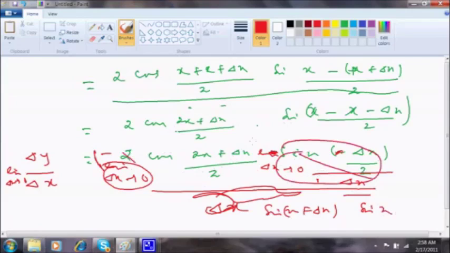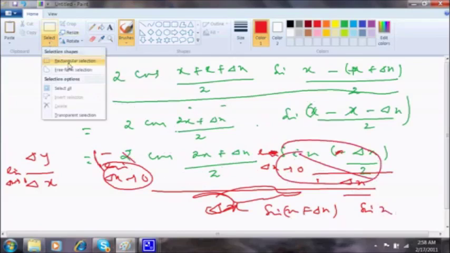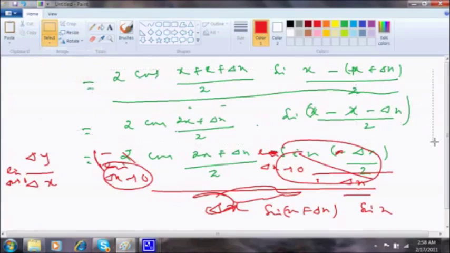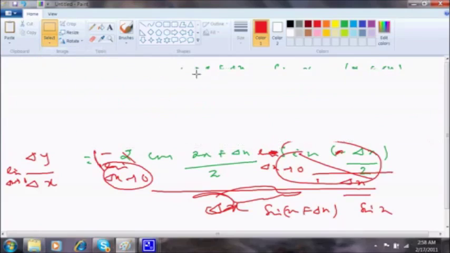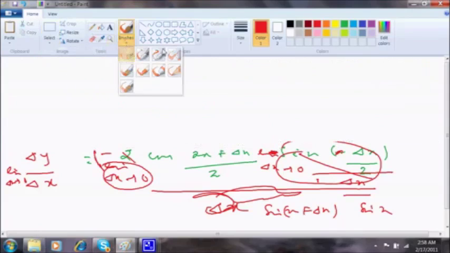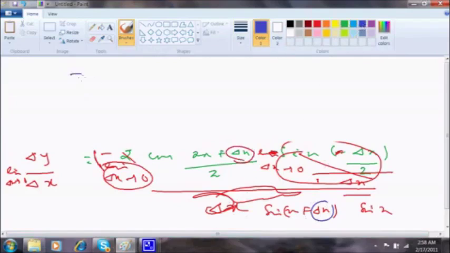So finally, I'll place the value of delta x as 0. So this is 0. This is 0. So what I'm getting, you can make out there is a minus. So minus cos of (2x plus 0) by 2 divided by sine of (x plus 0) and there is a sine x.